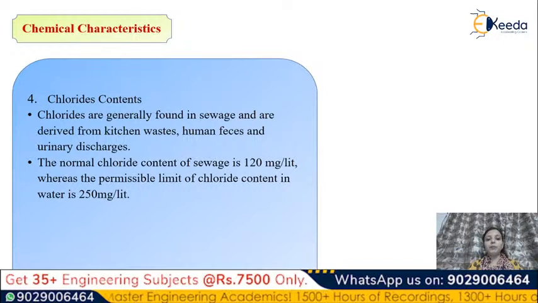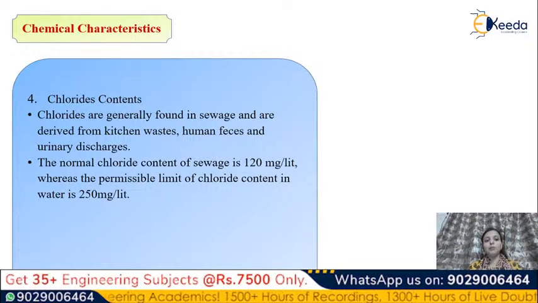Whereas the permissible limit of chloride, what is the permissible limit? It is the set standard value of chloride. Whenever you are discharging treated sewage into water bodies like a lake, sea, ocean, river, etc., you have to maintain the chloride value up to 250 mg per liter.